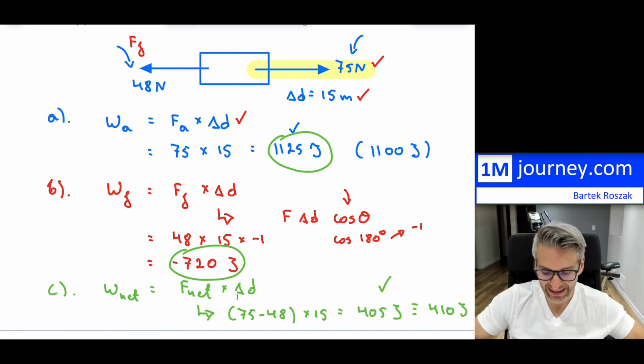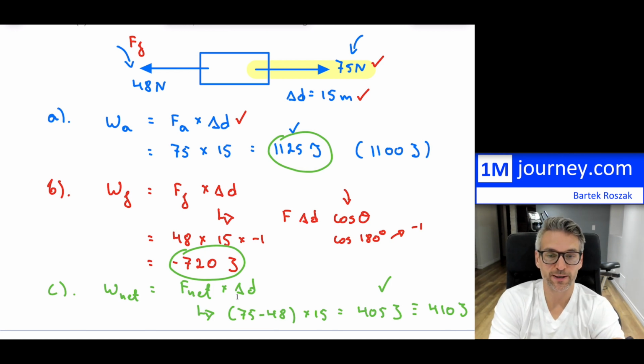Now, that is the net work. This is an interesting question, and it forces you to think about the applied forces, the constant forces you have, and any other forces that might be present. Very often in these questions, it might say that it's a frictionless surface, and then you don't have to worry about the work done by friction.